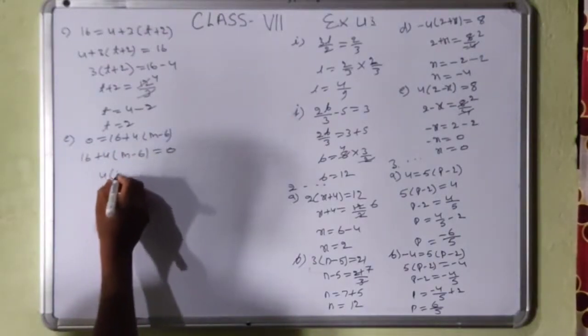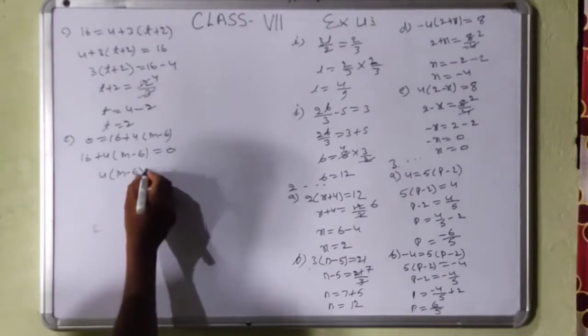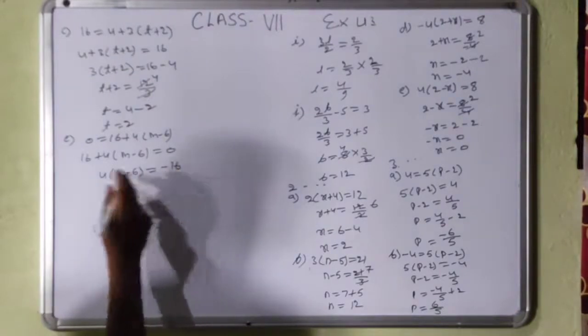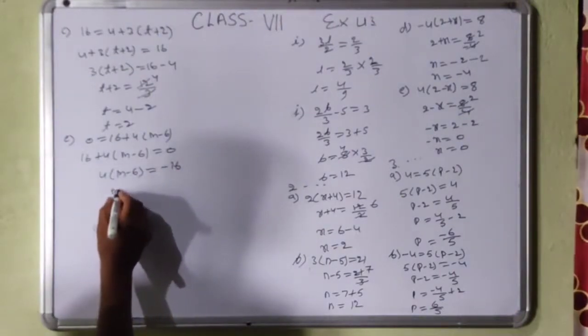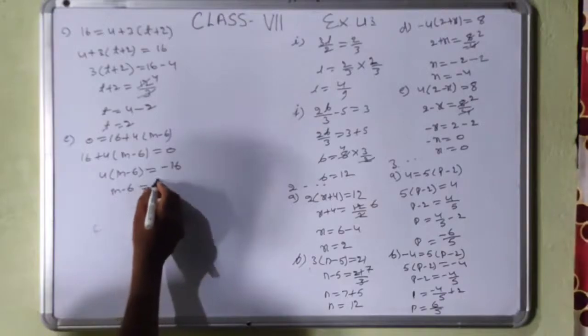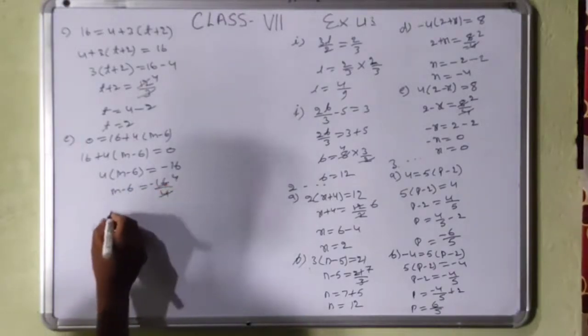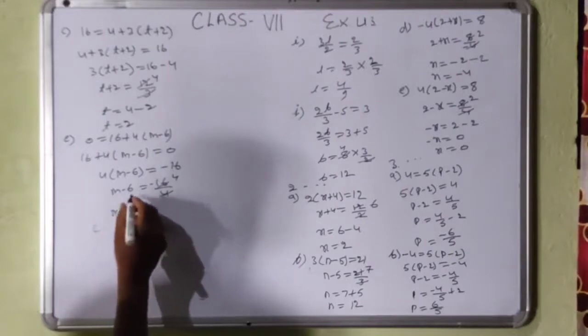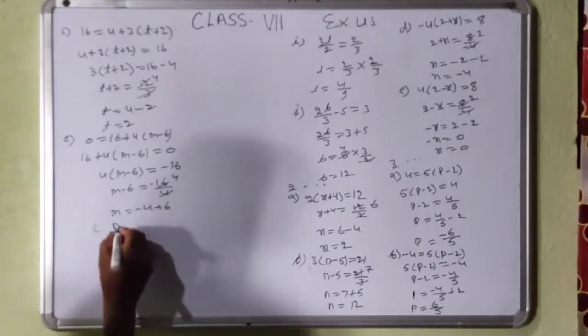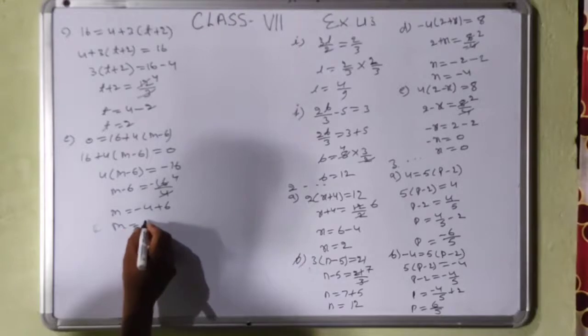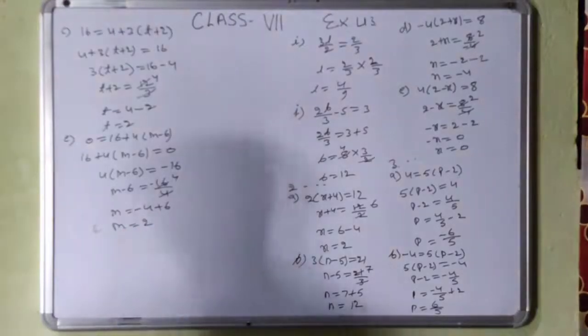So 4 bracket m minus 6 is equal to minus 16. This will be interchanged. So m minus 6 is equal to minus 16 upon 4. 4 4s are 16. So m is equal to minus 4 plus 6. So m is equal to 2, that will be the answer.